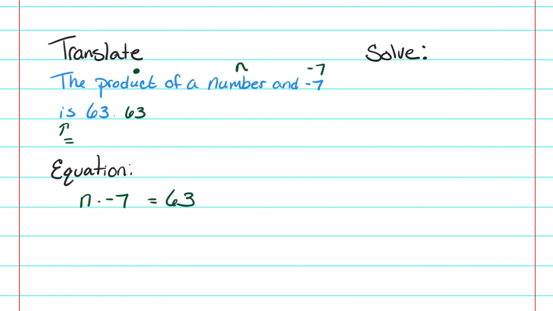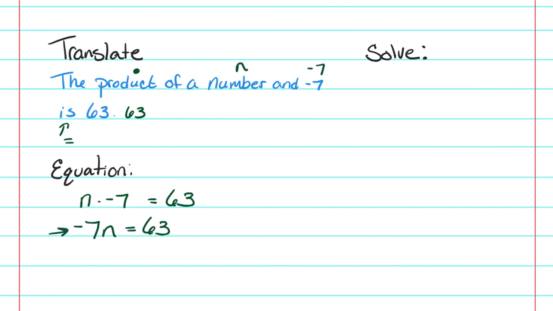And although what we just wrote is correct mathematically, if we're going to write it in proper algebraic form, we're going to have -7n, because -7n means -7 times n, or n times -7, because we can do multiplication either way and we will get the same answer, 63.